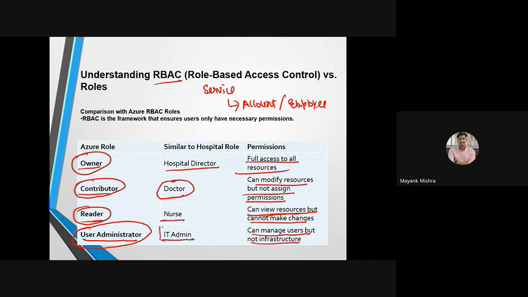Like in the hospital there is an admin who manages all the doctors, all the doctors' details, how many nurses there are. Similarly, the user administrator works on the users' end, manages the users, not the infrastructure.